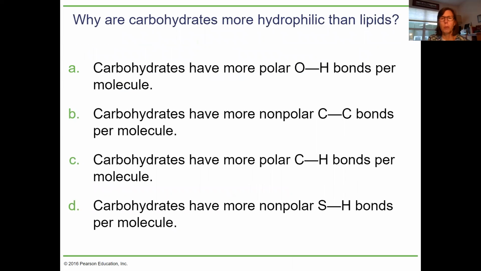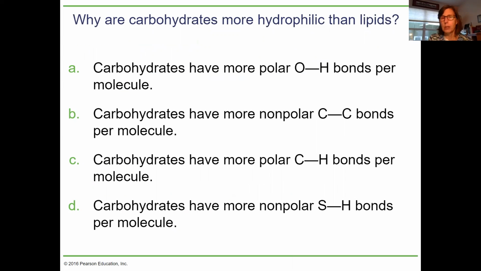All right, why are carbohydrates more hydrophilic than lipids? Okay, remember we talked about lipids have these long hydrocarbon chains, these long fatty acids.